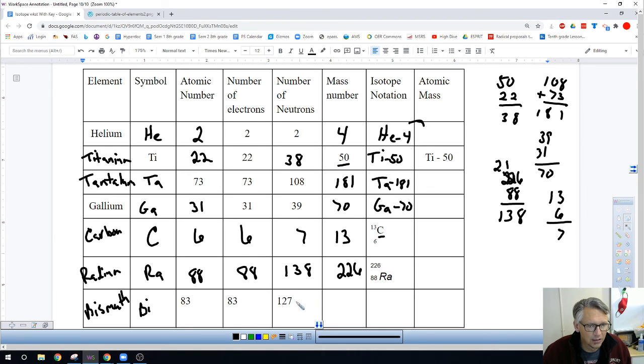It has 127 neutrons. So if we have 127 neutrons plus 83 protons, that gives us a mass of 210, and that will be Bi-210.